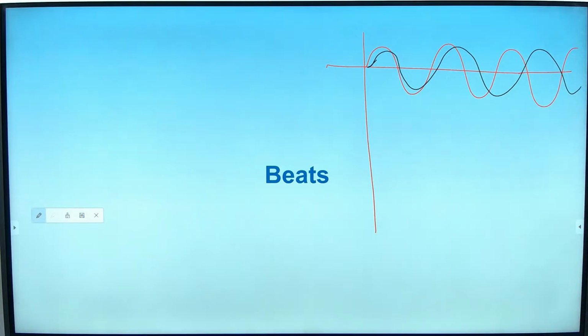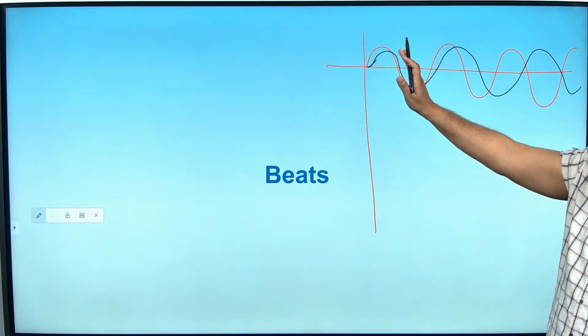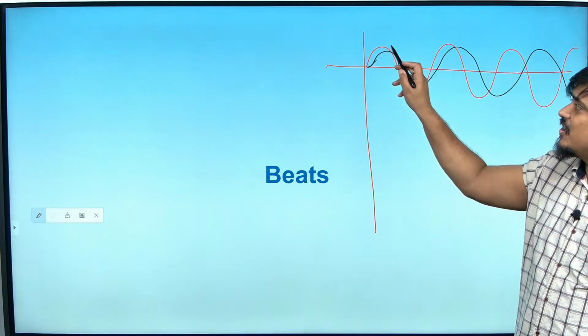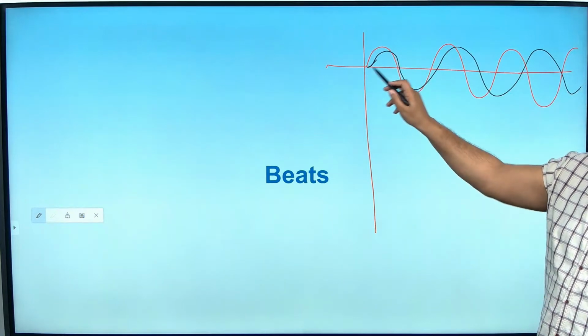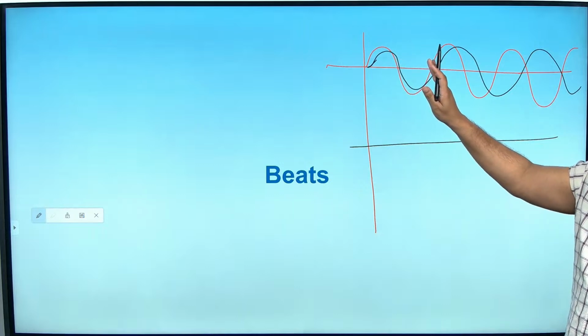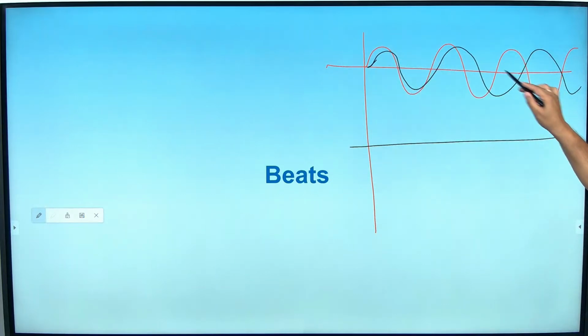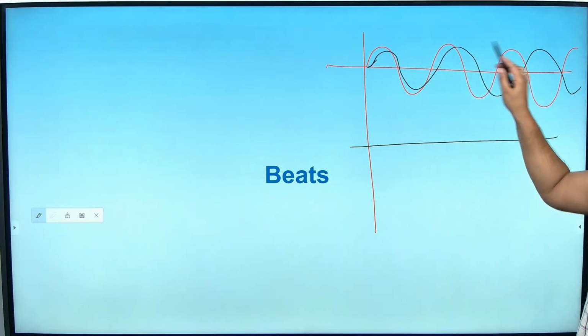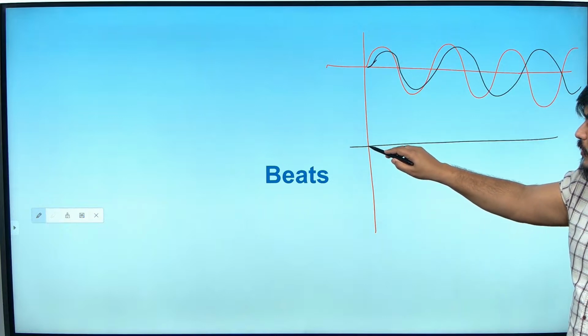It will become like that because it has slightly different frequency, but when you go in the longer run, it will keep on changing. Initially the waves were almost having crest and crest together, then they got some separation. After some time, I am even getting a crest and trough together, and once again it will have the same thing. The combination of these two waves is going to result in something like this.